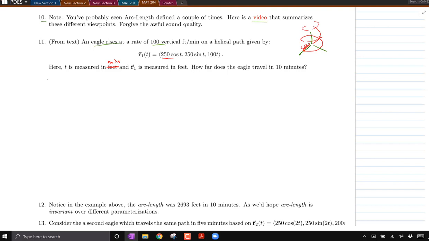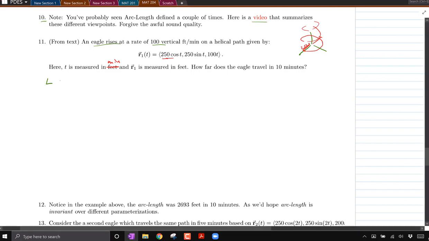So the path that the eagle flies, the flight length, is going to be the integral from t equals 0 to t equals 10 of the square root of the sum of the component functions squared. Sorry, in fact, let's write it this way. This is the integral of the magnitude of r prime of t dt.